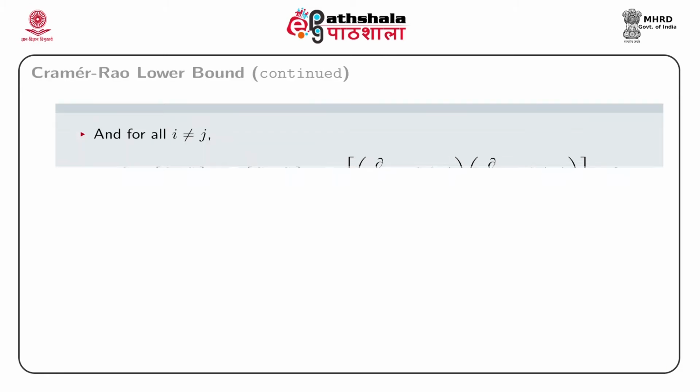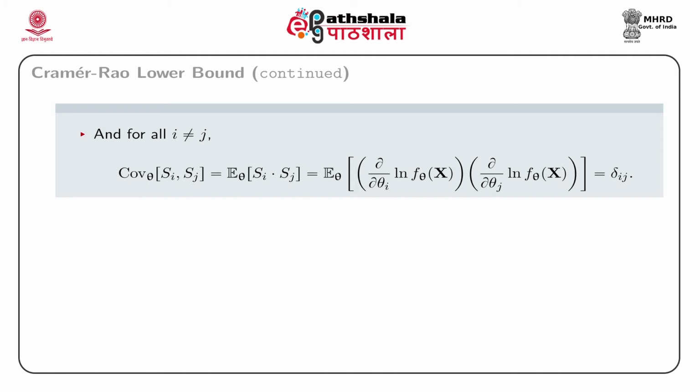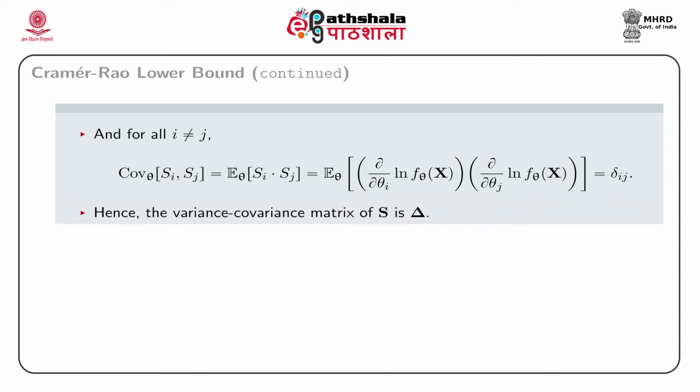And for all i < j = 1 to k, the covariance between Si and Sj is equal to the expectation of Si into Sj, which is equal to the expectation over θ of ∂/∂θi log f_θ(x) into ∂/∂θj log f_θ(x), which is equal to δij by our regularity condition. Hence, the variance-covariance matrix of S is equal to capital Δ.